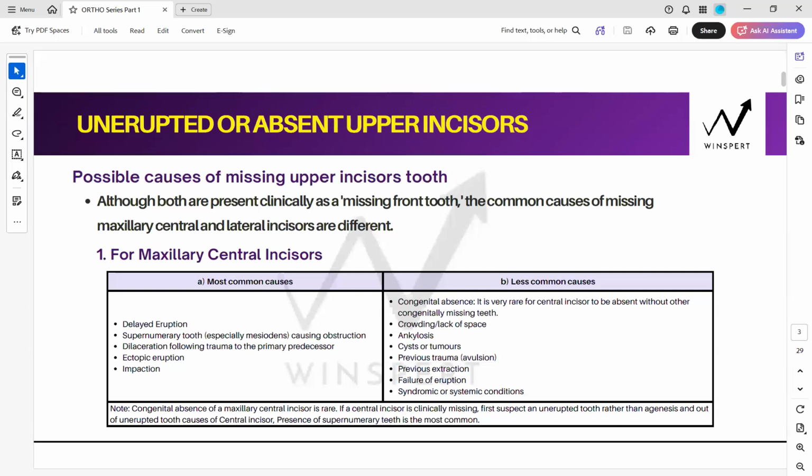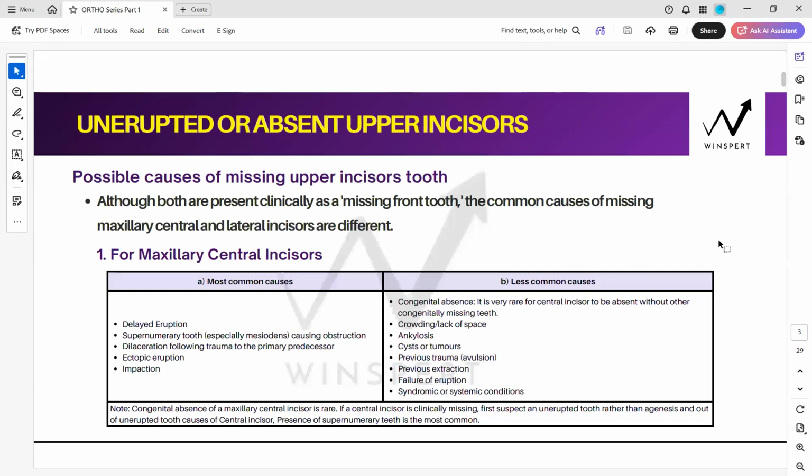So you know that whether it's agenesis or an impacted tooth, it will look like a missing front tooth. But the commonest cause of a missing central and a missing lateral is absolutely different. Can you please memorize that? Number one thing: the common causes of a missing maxillary central and lateral are absolutely different. Based on the examination presentation, your answer will be different.